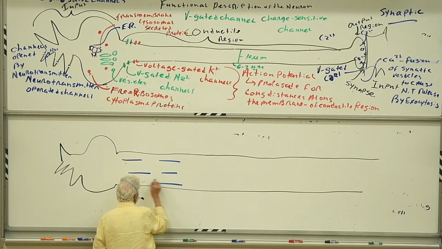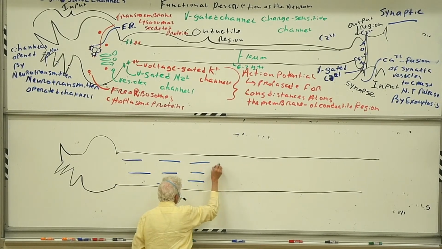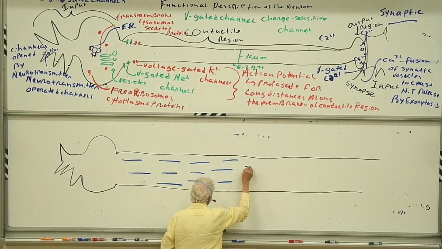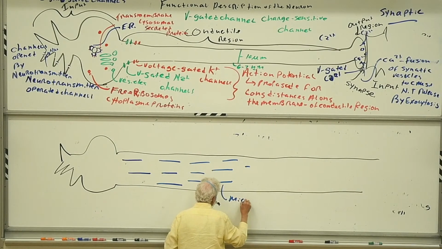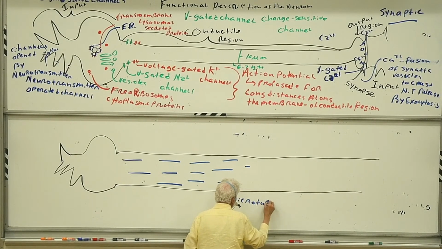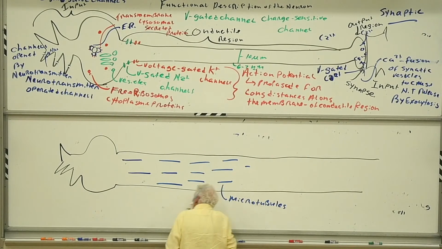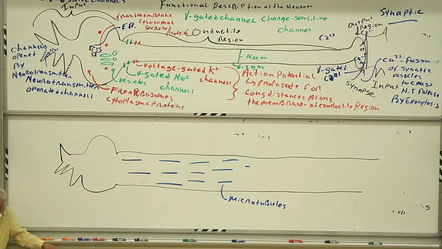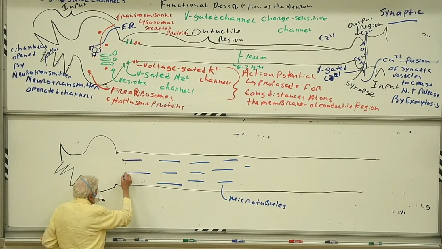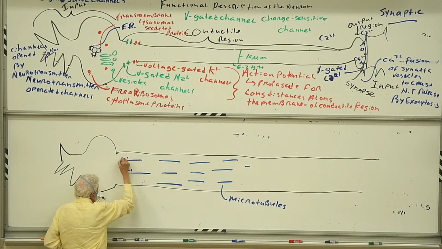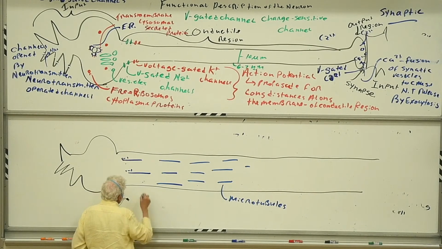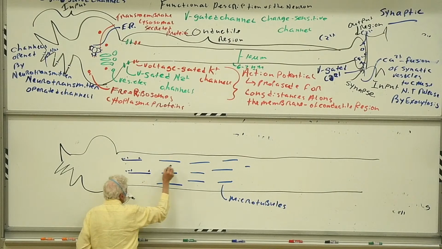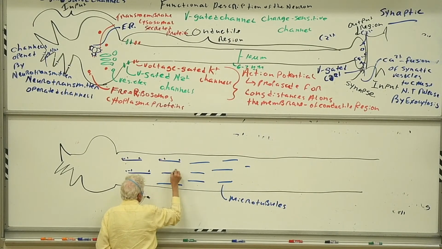So these straight blue lines are meant to represent the microtubules. And you may recall that in the axon, the microtubules are always oriented in a particular way. The negative end was closest to the cell body, and the positive end was pointed away from the cell body.